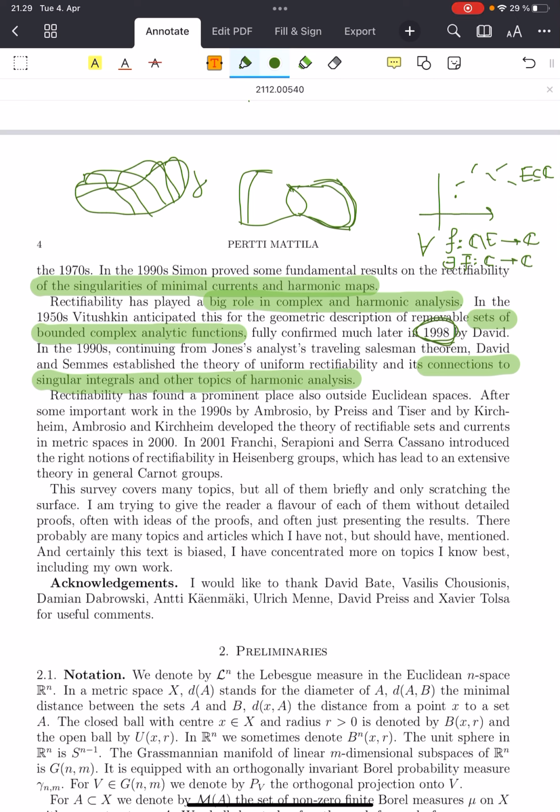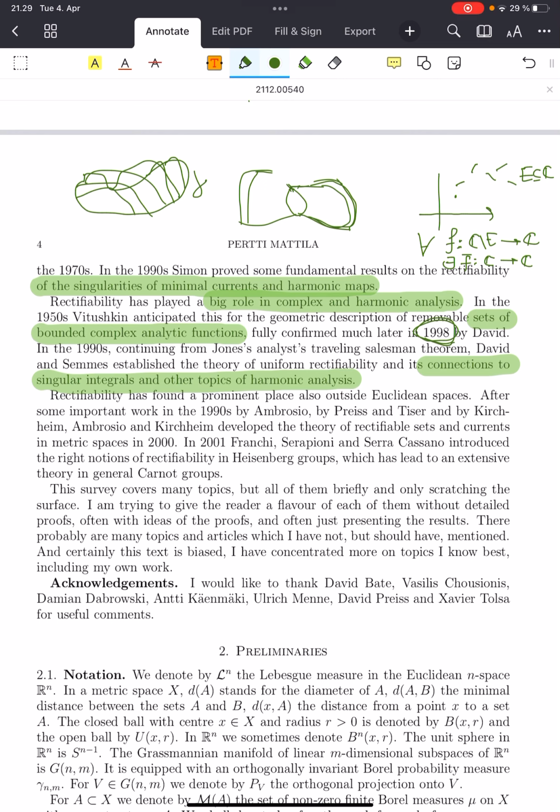Basically, that you can remove E in the definition of being analytic on all of C. And then there are connections to singular integrals when you have L^p boundedness of singular integrals.